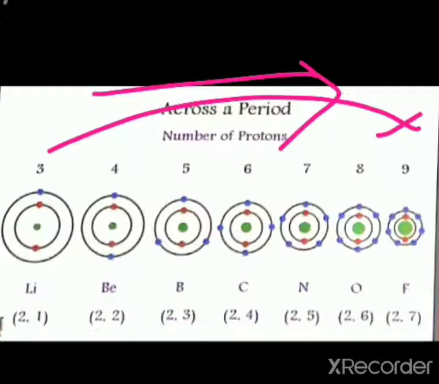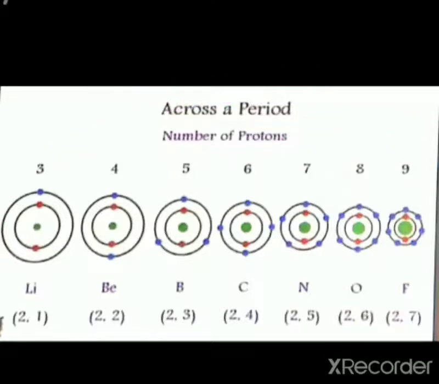Remember, if the atomic size decreases, then obviously your metallic character also decreases and non-metallic character increases. Here you can see how the atomic size is decreasing.